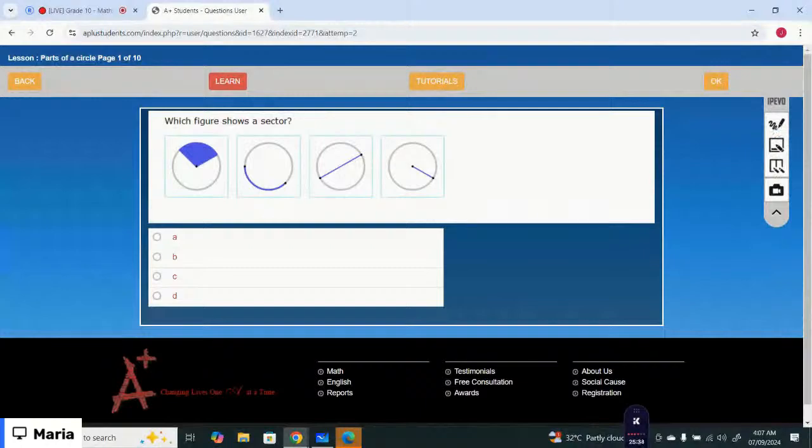Option number one is the correct option, right? That is the sector of the circle. B is the arc, C is the diameter, and D is the radius of the circle, right? The correct option is A, the sector, right?